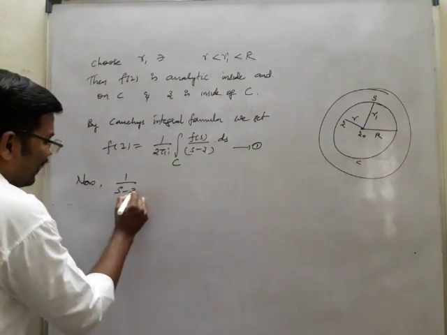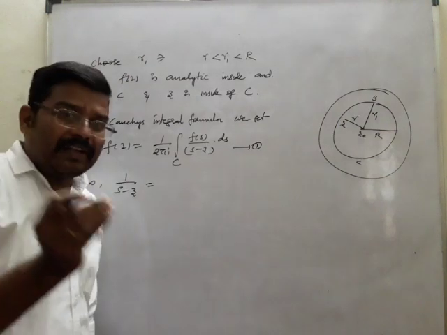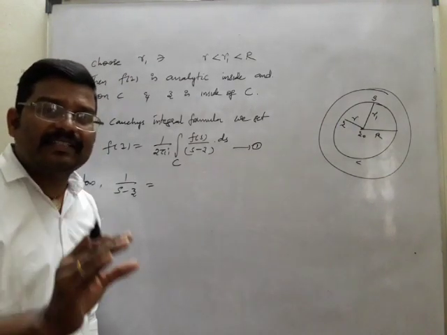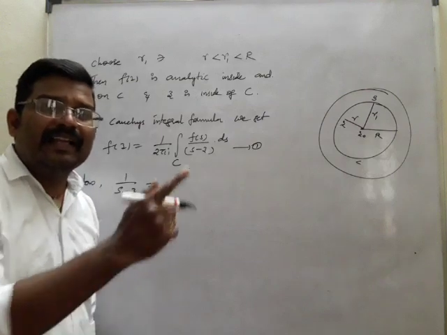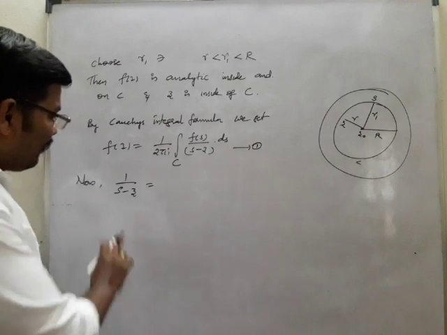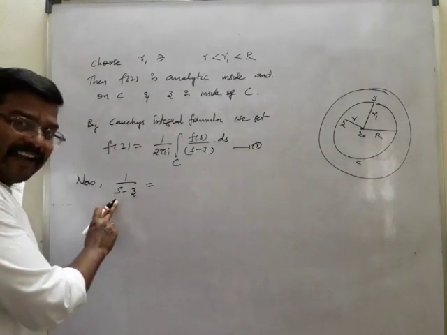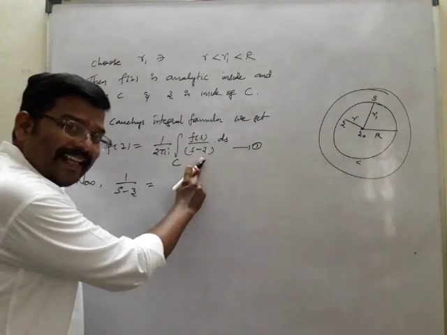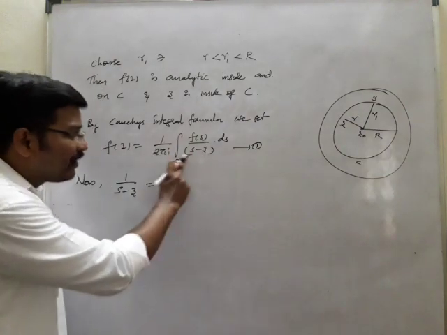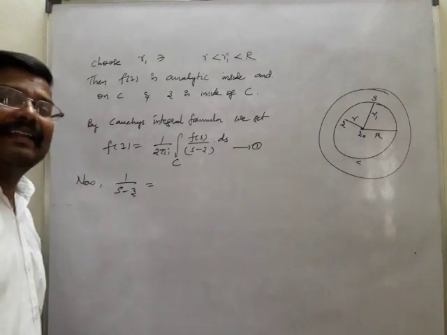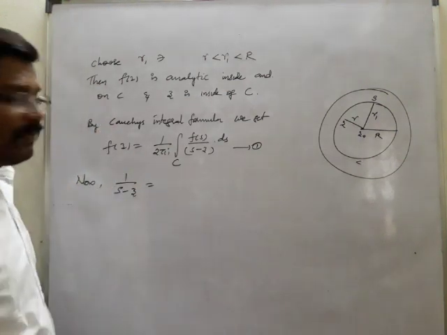You should understand, because f of z is analytic inside and on C, we are using Cauchy's integral formula to reduce and get the value of equation 1. So I'm just trying to find out the value of 1 by s minus z. After finding it, I'll substitute it here, simplify it, and get equation 1. So how to simplify this?